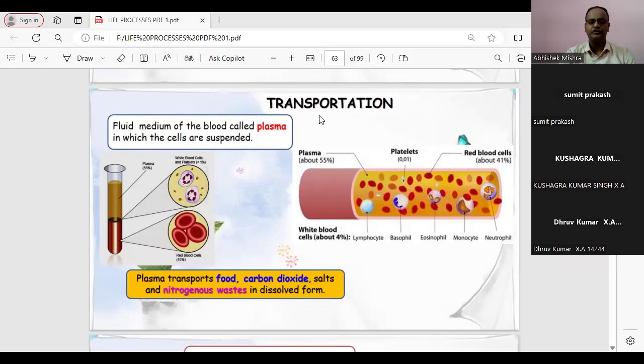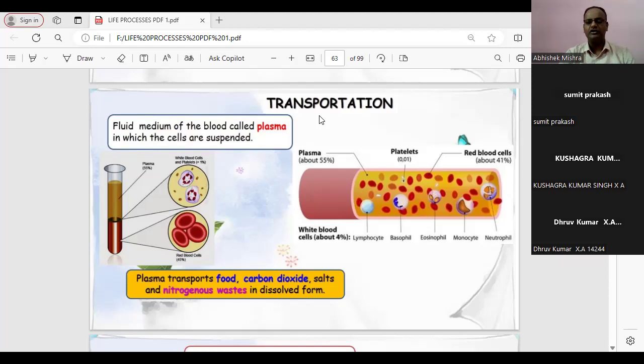It is also important for building up the immunity of the body, because WBC is present in the blood, which increases immunity. So first, let us sum up the functions of the blood: transportation of the respiratory gases, carrying of the digested food, carrying away of the waste material, transportation of the hormones.